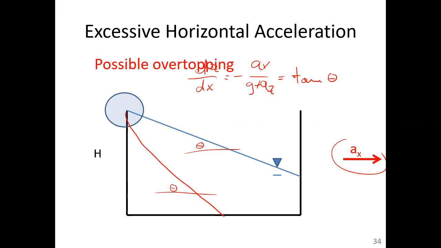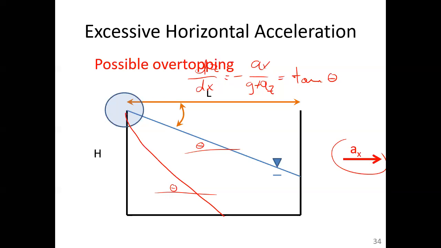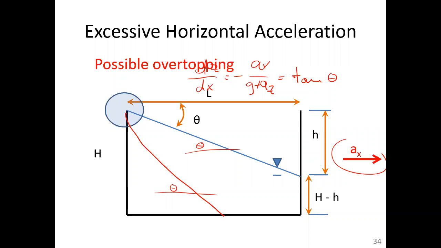Again, you could have possible overtopping with excessive horizontal acceleration. Everything I just drew in there, again, I'm just indicating that that slope dictates all the geometry.